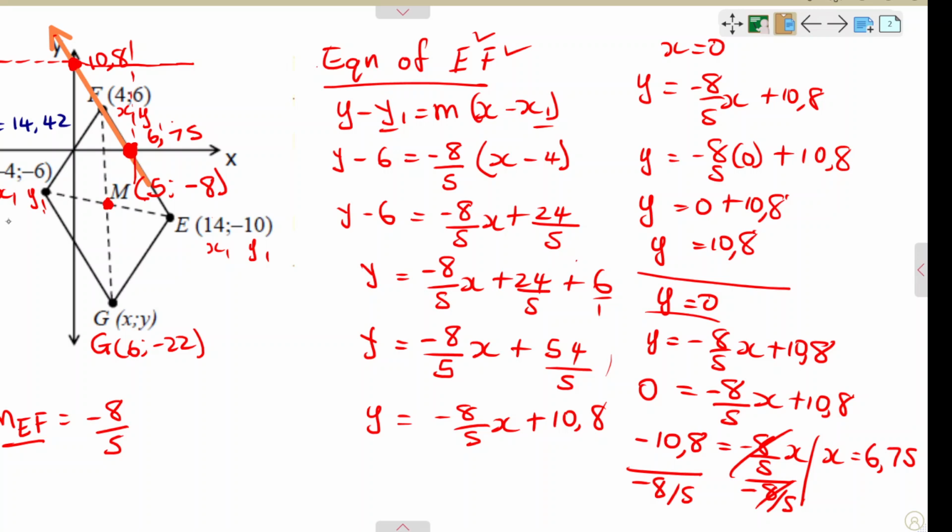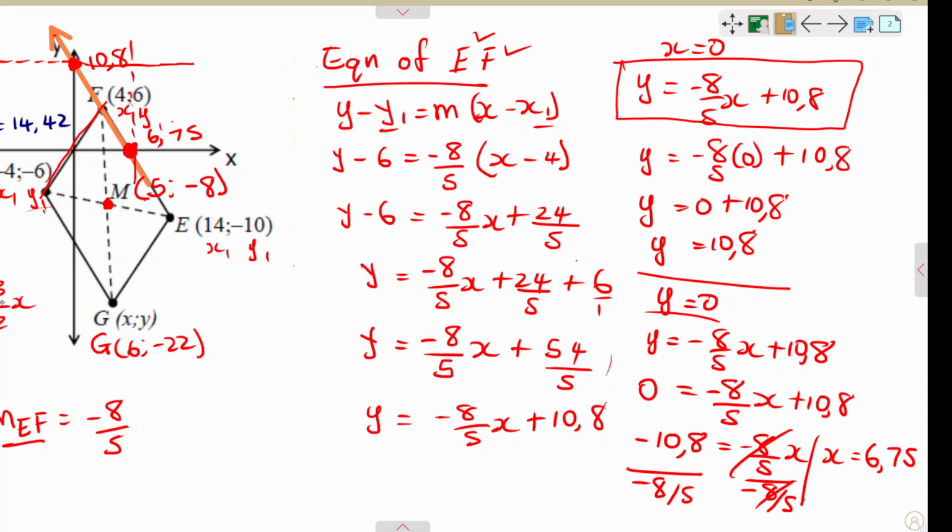How did we find these two values? Because we have the equation of the line, which is negative 8 over 5x plus 10.8. You can find the y coordinate and you can find the x coordinate. Now for the first equation, remember this one, y is equal to 3 over 2x.